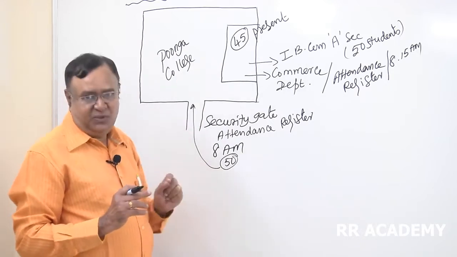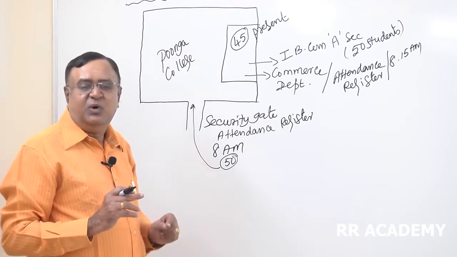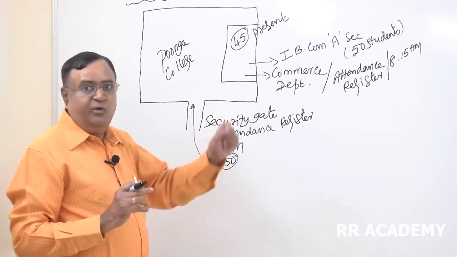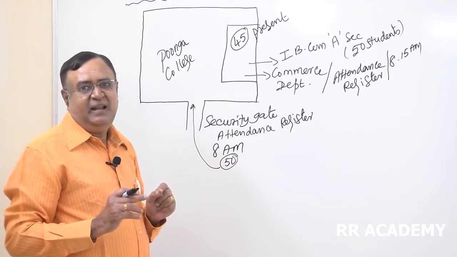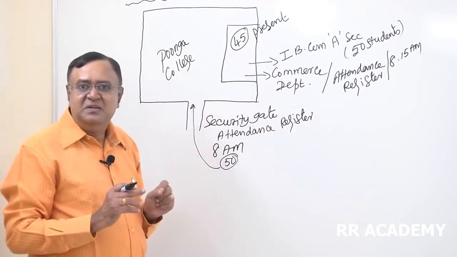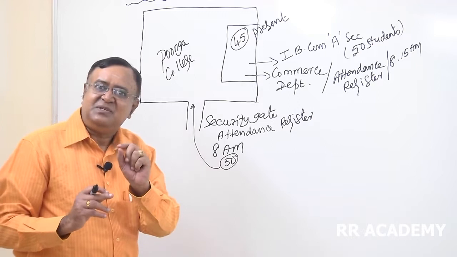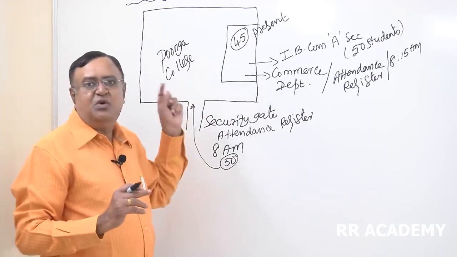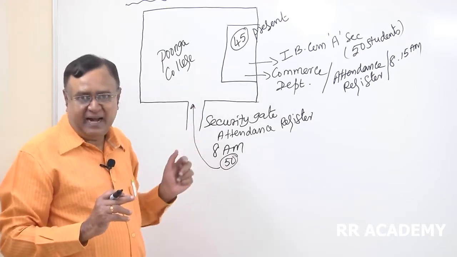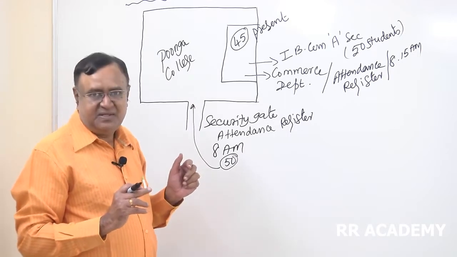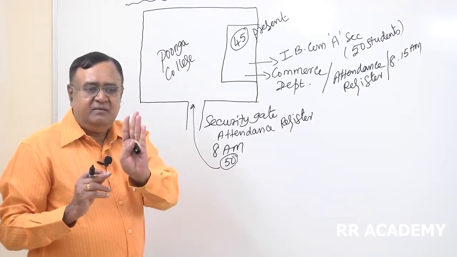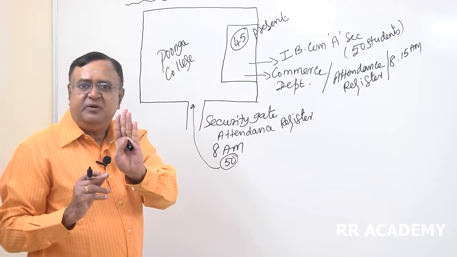So he finds out. The HOD says, anyhow, you must answer the principal about these 5 students, some reasonable answer. The 5 students have gone for sports practice, as athletes. Is there any certificate or information?